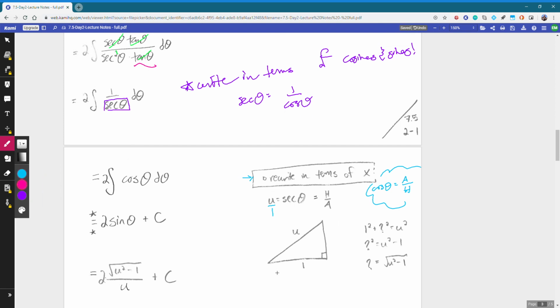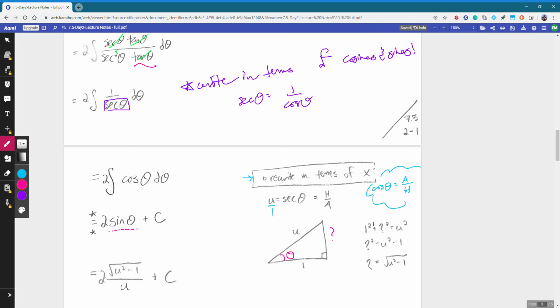And so now filling in our right triangle here, right here is our angle theta, and so our adjacent we can call 1, our hypotenuse u, and then we just need to figure out this opposite side over here, since sine of theta needs that information.